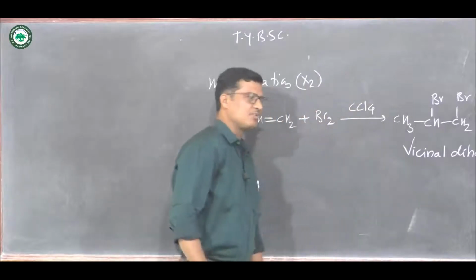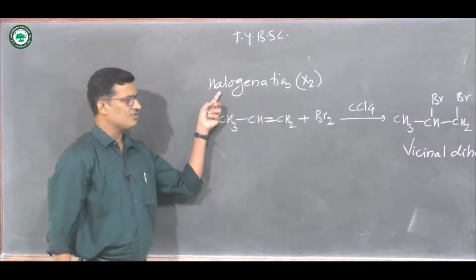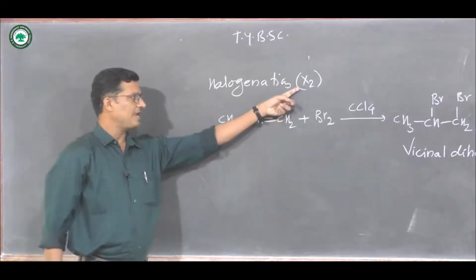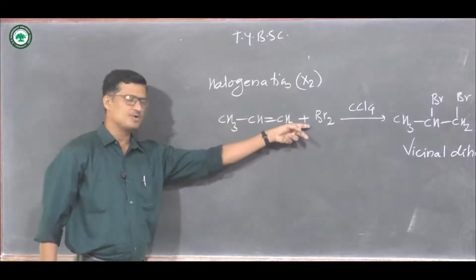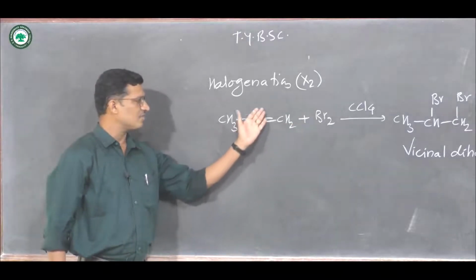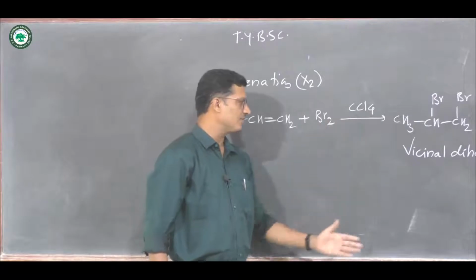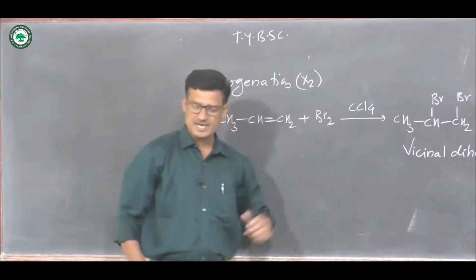So this is an example of an addition reaction to the carbon-carbon double bond. These reactions we call halogenation. Any X2, either Br2 or Cl2, is added to the carbon-carbon double bond. In the presence of an inert solvent like CCl4, we get a vicinal dihalide.